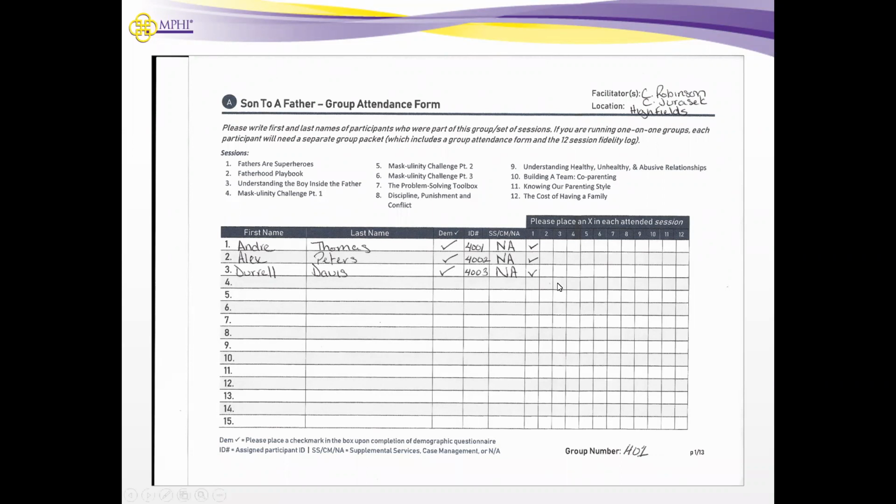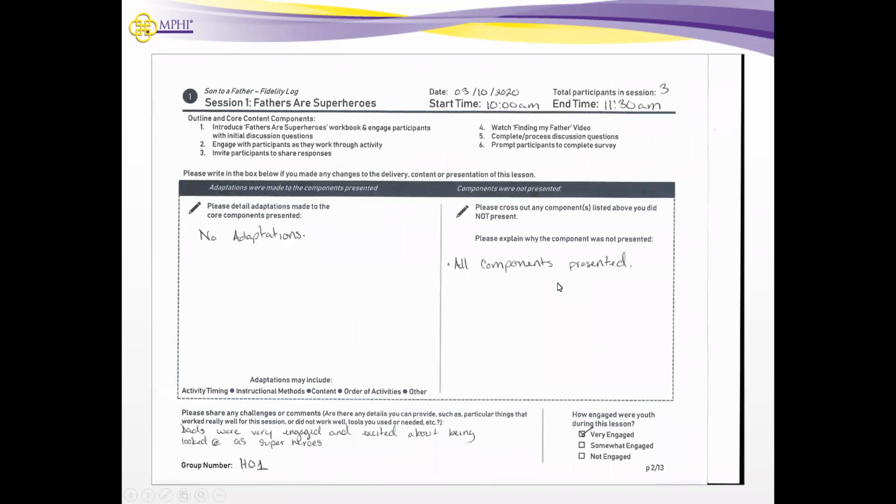In the next slide, we have an example of a fidelity log. This is for the first session, the Fathers Are Superheroes session. As a reminder, again, nothing will change about this particular form. You will still be completing this on pen and paper, and you will still need to use those printed copies of the fidelity forms to complete for each group.